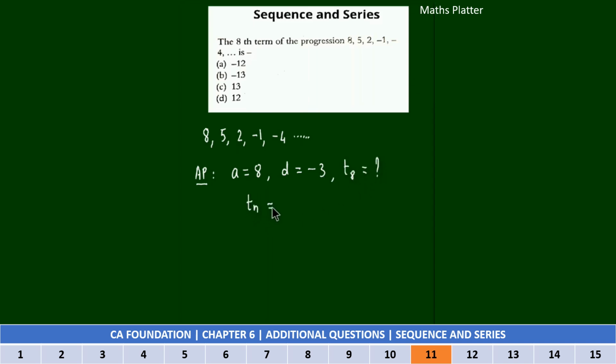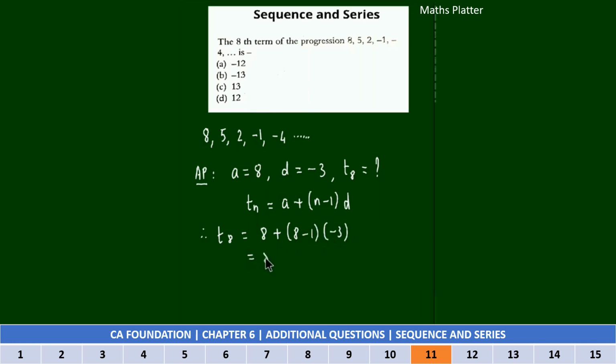The formula for Tn is A plus n minus 1 times D. So therefore T8 is equal to 8 plus 8 minus 1 into D, which is minus 3.